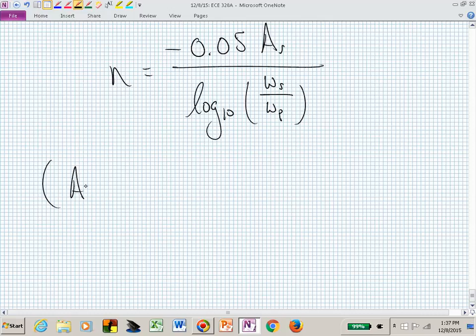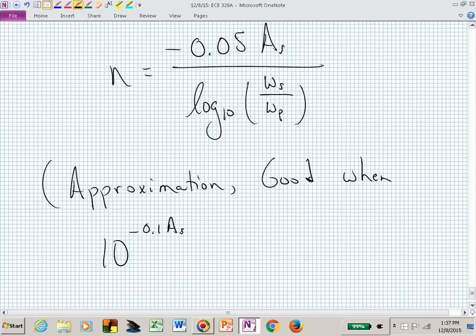And let me just say that this approximation, you can just assume that it's okay in this class, but this approximation is good when the attenuation we want in the stop band is such that 10 to the minus 0.1 A sub S is much bigger than 1, where the A sub S is in units of dB.